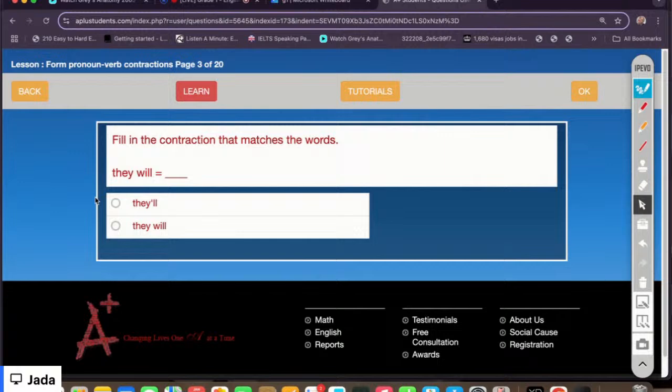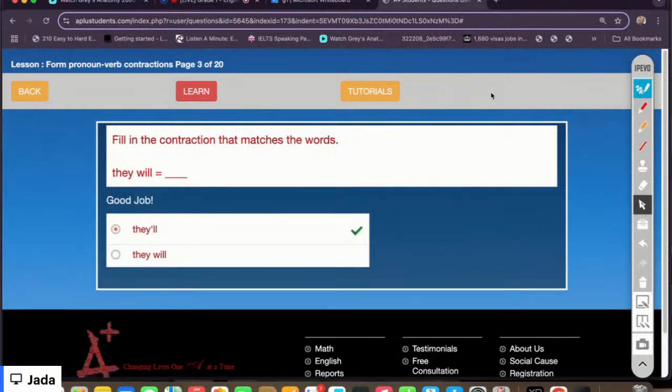Okay, so they will also option one. Okay, good.